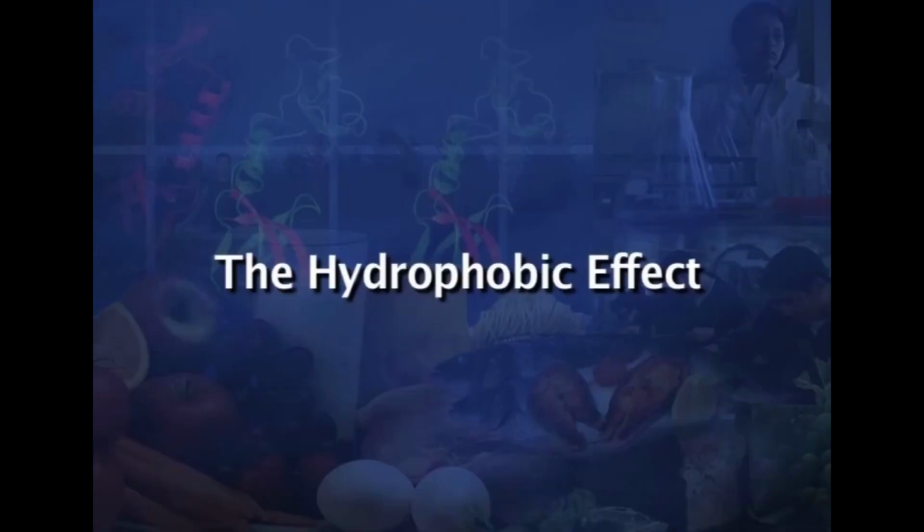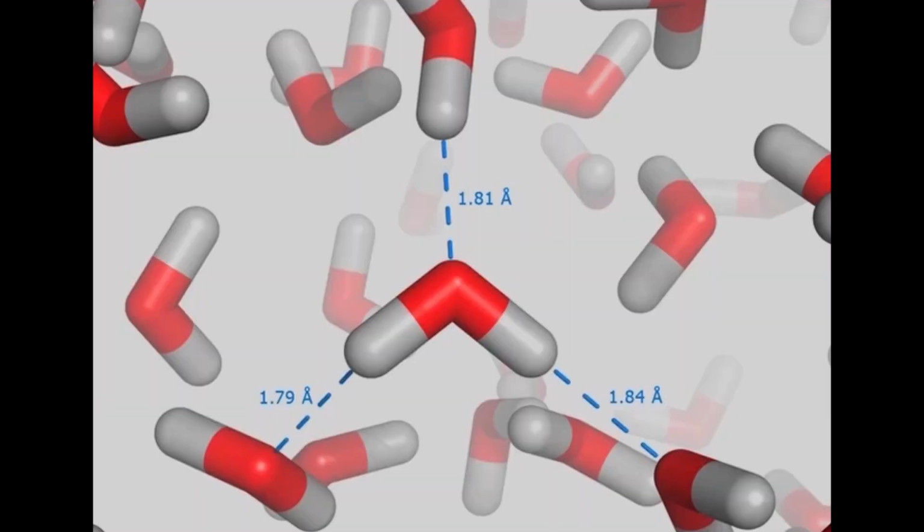The hydrophobic effect is created when the functional groups of different amino acids are located in the interior of the protein away from water. Non-polar side chains then interact with each other, making the structure very compact. Polar side chains remain in contact with water on the outside of the protein surface.